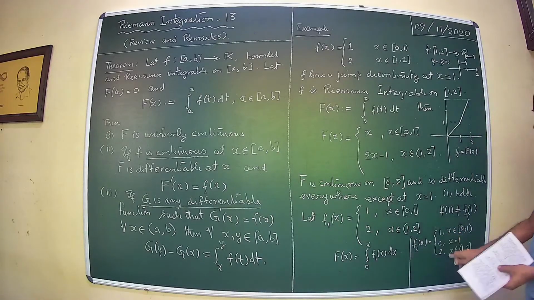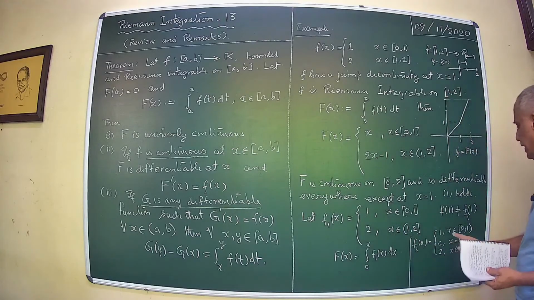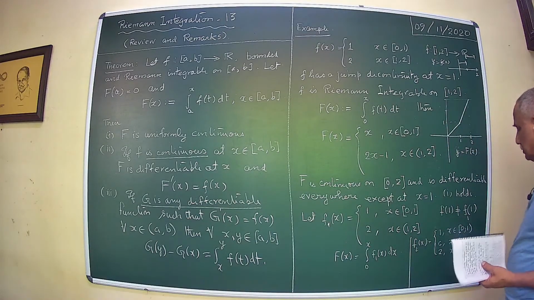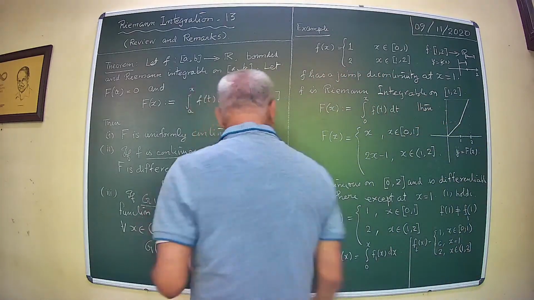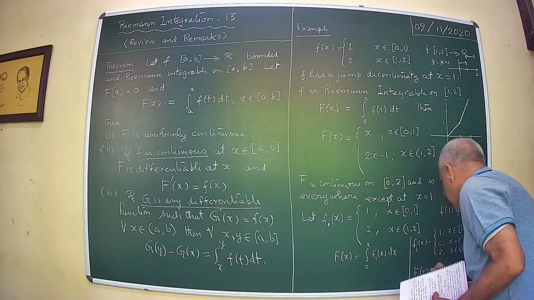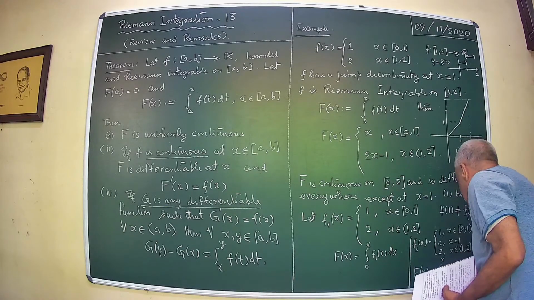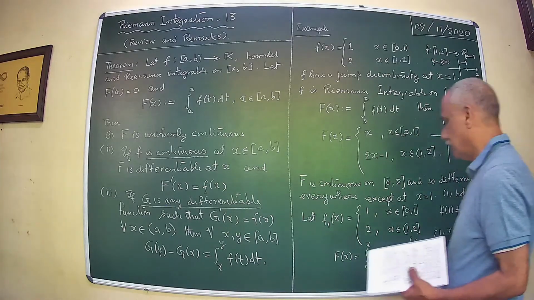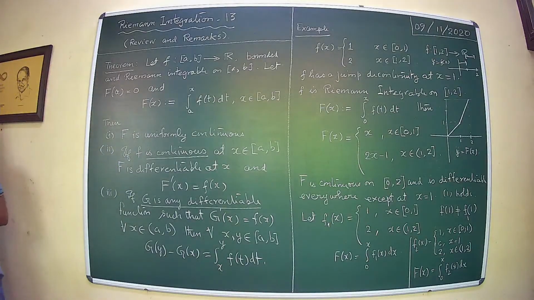Which means f2 is discontinuous at the point x equal to 1 if c is different from 1 from both sides. Okay. Even then, you will see that F(x) is equal to the integral from 0 to x of f2. Therefore, capital F is also an antiderivative of f2.